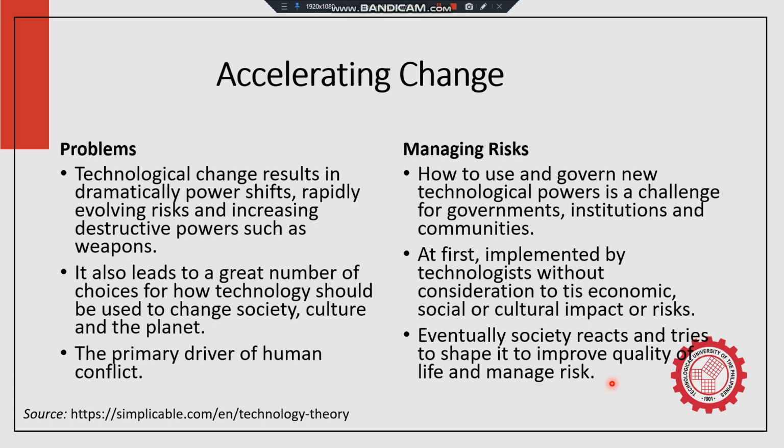I believe you could relate to that. As we experience these risks, society reacts: the students, the faculty, the management. We are trying to create policies that did not exist before. We change these policies, we continuously improve until we attain the quality of education and manage the risk that it has caused.